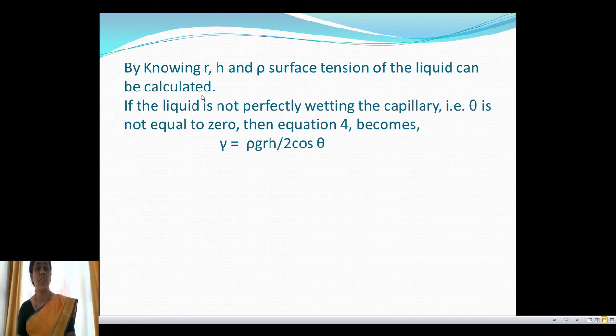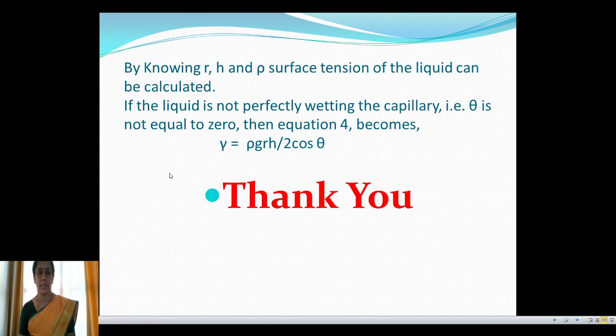If the liquid is not perfectly wetting the capillary, then theta is not equal to 0. Therefore, equation 4 becomes surface tension equal to rho g r h upon 2 cos theta. Thus, we have determined the surface tension by the capillary rise method. Thank you.